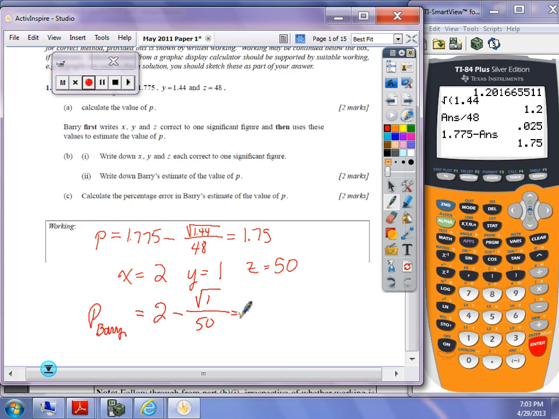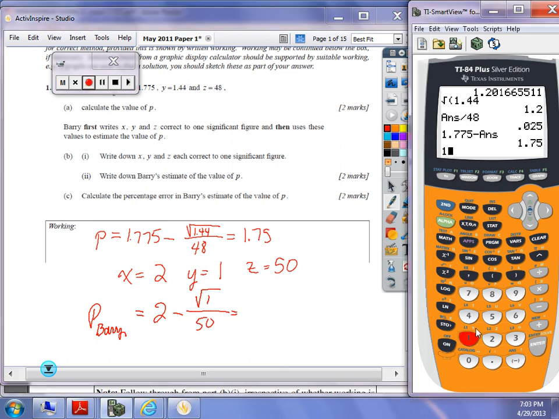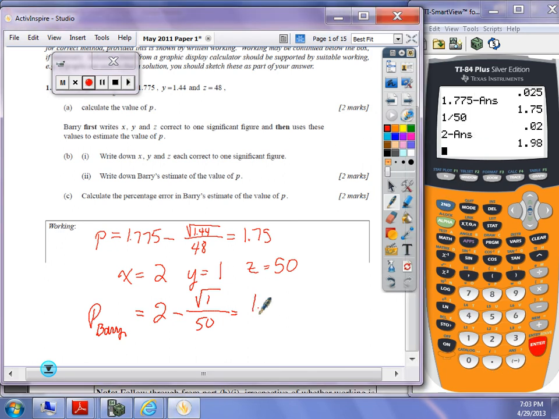So we've got, well, the square root of 1 is 1, so 1 divided by 50, and that's 0.02, and we're going to have 2 minus 0.02 is equal to 1.98. So there's Barry's estimate for P.